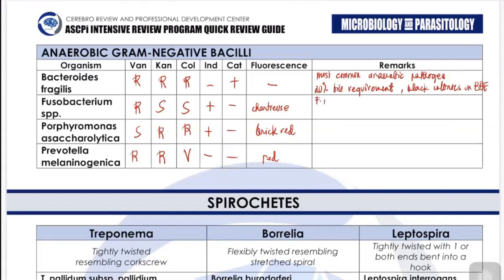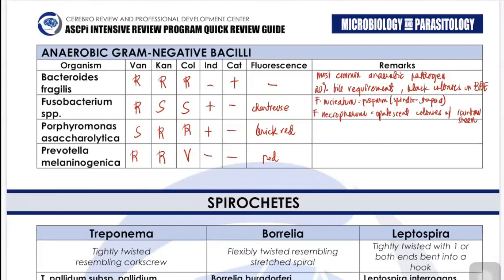Fusobacterium nucleatum is a fusiform, or spindle-shaped organism, whereas necrophorum usually exhibits opalescent colonies with a rainbow sheen.